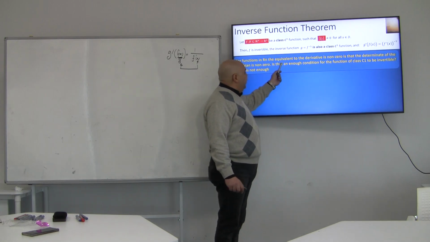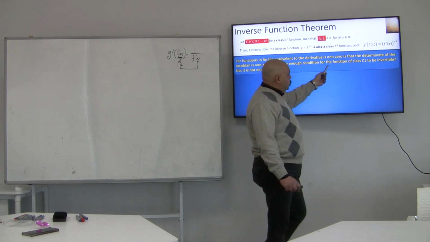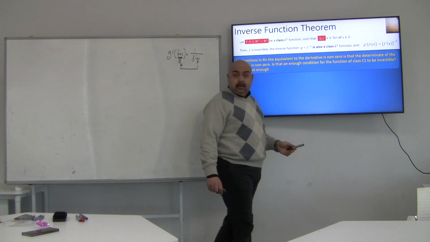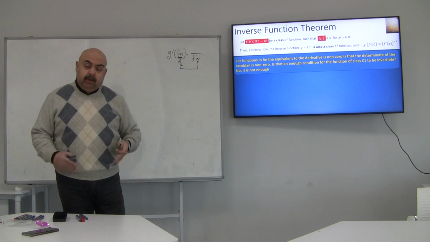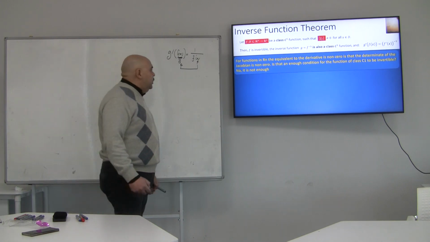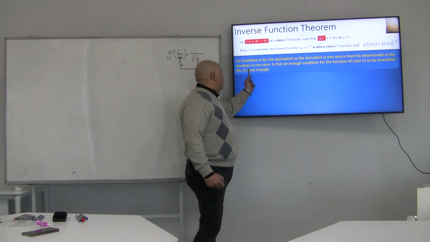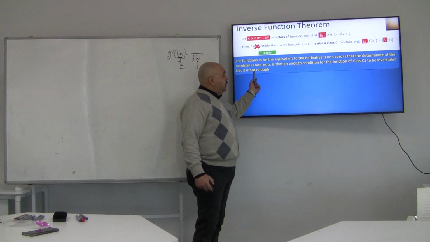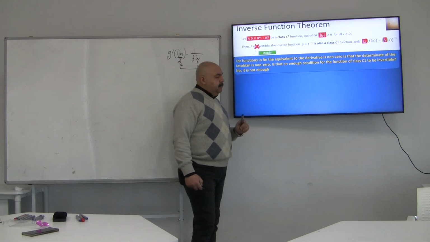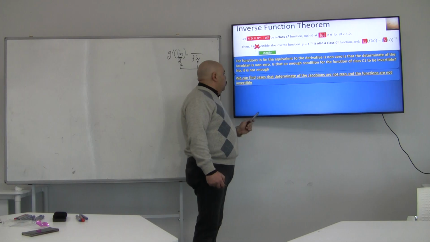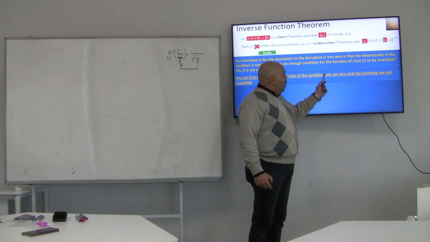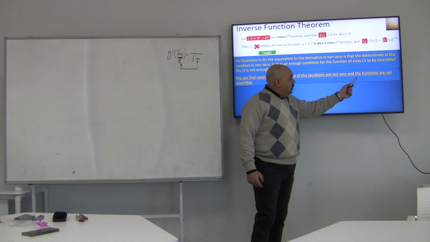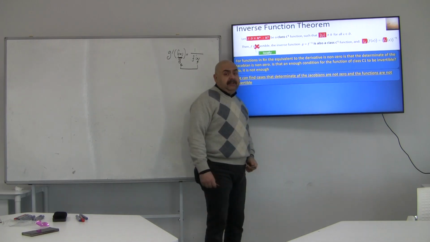Is that enough, a sufficient condition for a function of class C1 to be invertible in Rn? Unfortunately, the answer is no, it is not enough. Why do we say that? Because sometimes we may have cases where the determinant of the Jacobian is not 0 and the function is not invertible.